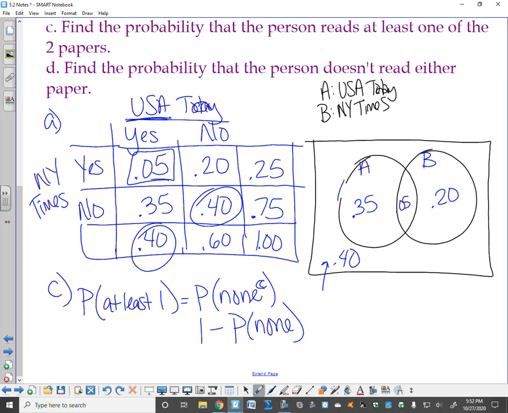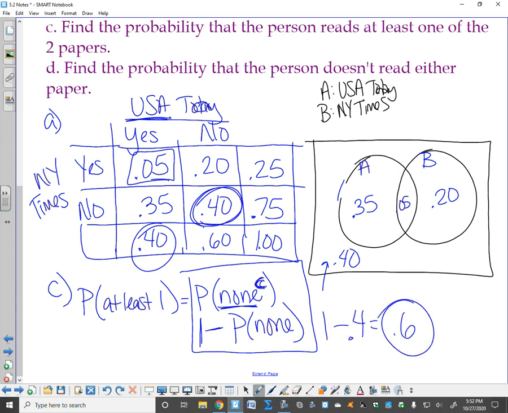That's what the not means. So these two things right here say the exact same thing. The none complement is 1 minus the probability of none. Well, that's easy. The probability of none is 0.4. So the probability that I read at least one is 0.6.